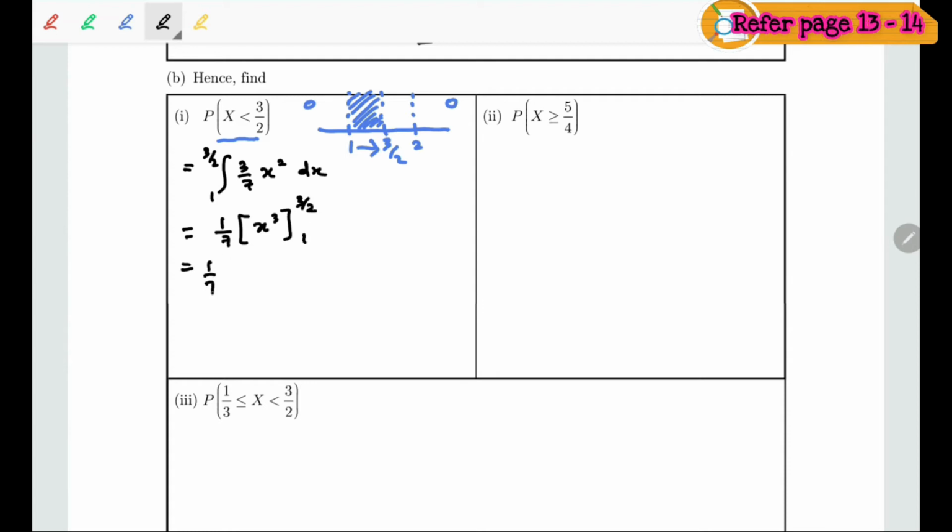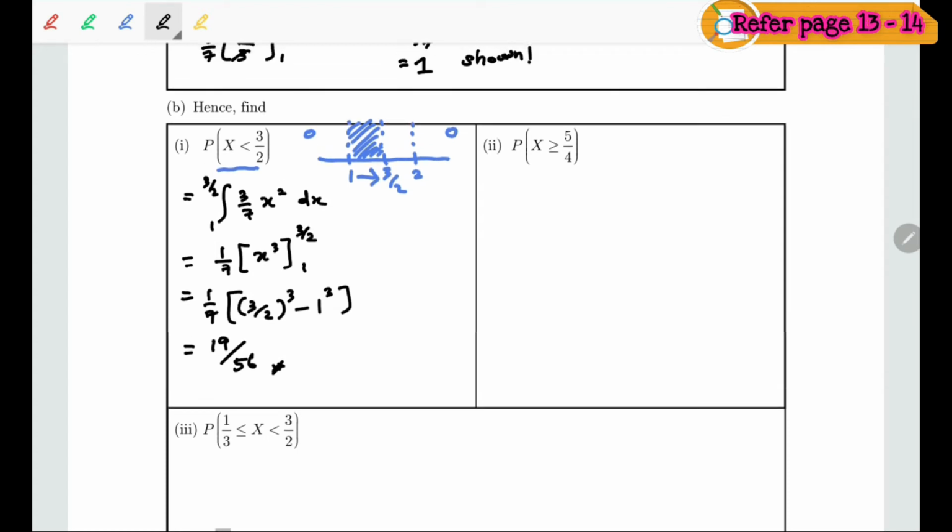Then you just substitute the limit, which is 3 over 2 cubed minus 1 cubed, and calculate. At the end, the final answer is 19 over 56. Okay, we have done that part.